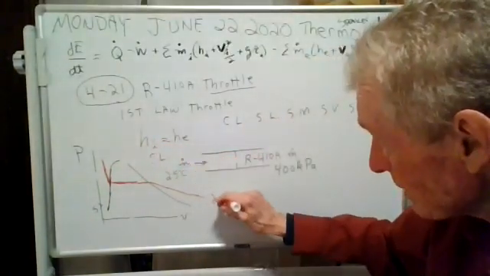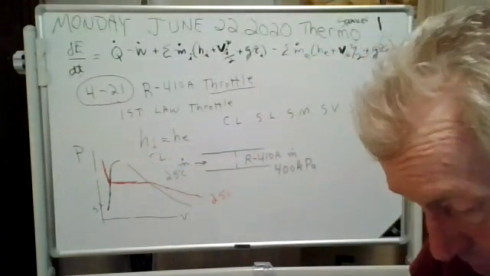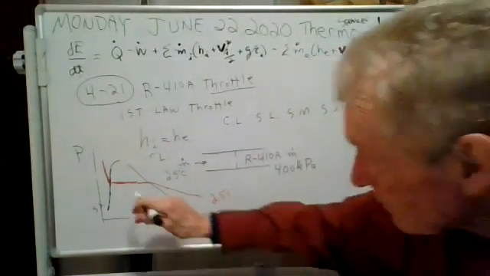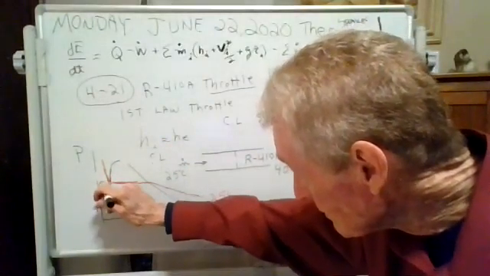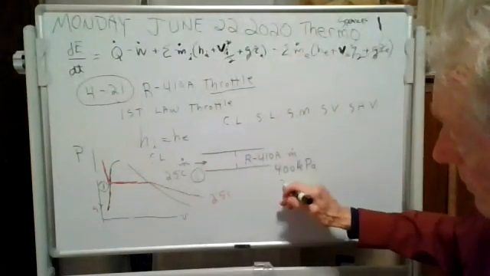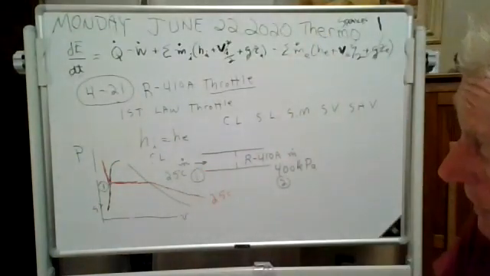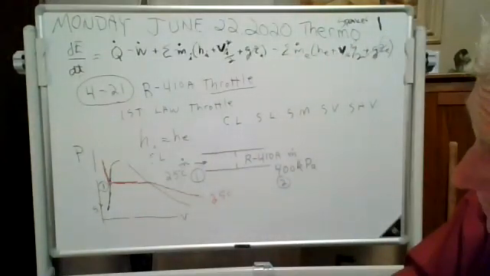There's your 25 degree Celsius isotherm. And here is our, call it state 1, or the incoming state. There's your incoming, there's your exiting. And we're right there on the saturated liquid line.